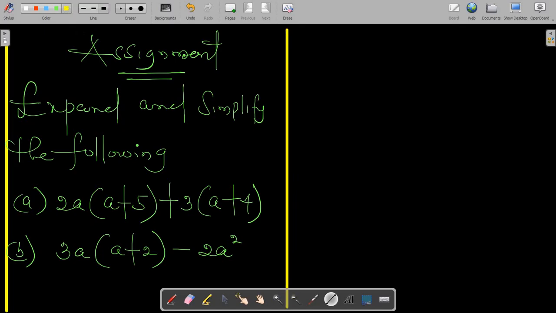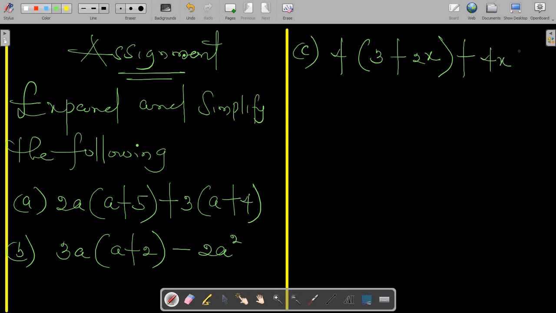Let me call it the C. We have 4 into bracket 3 plus 2x, then this is plus 4x into bracket x plus 1. Okay.